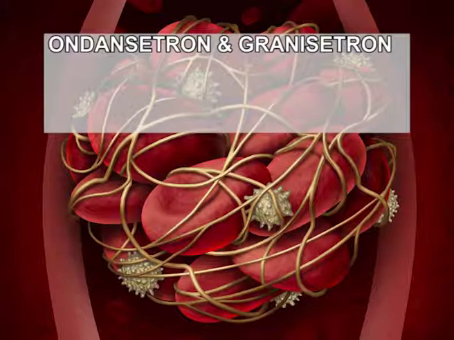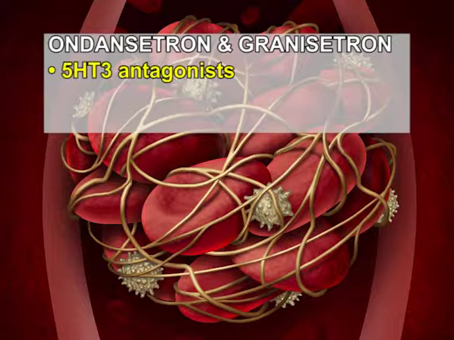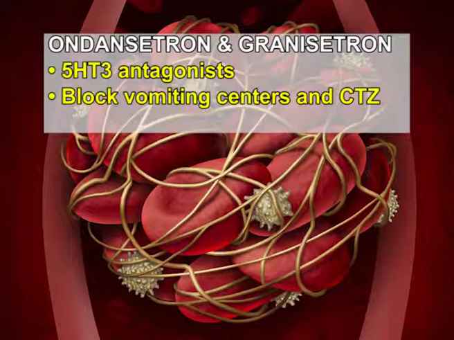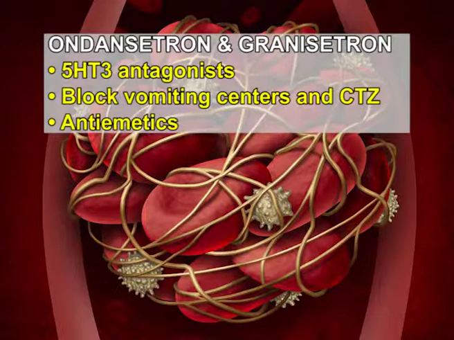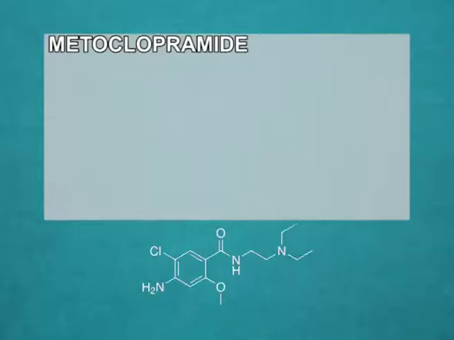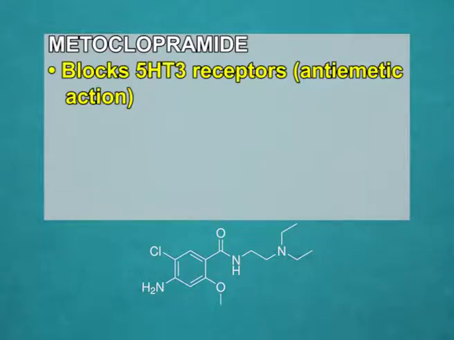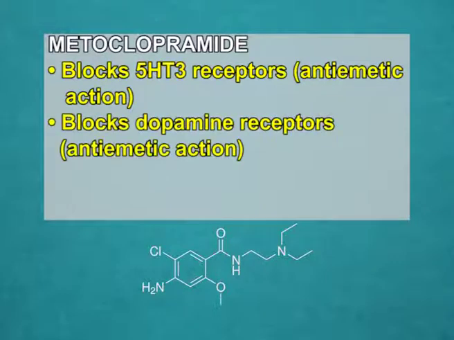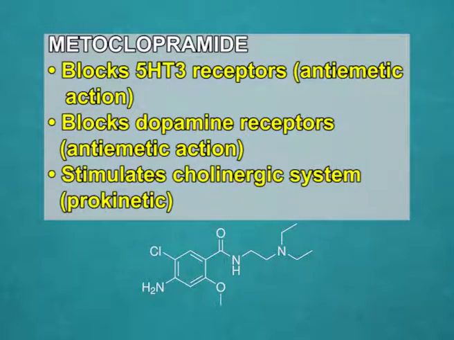Ondansetron and granisetron are 5-HT3 antagonists that block vomiting centers and CTZ. Antiemetics may include metoclopramide, which blocks 5-HT3 receptors. It blocks dopamine receptors for antiemetic action and stimulates the cholinergic system, giving a prokinetic effect.